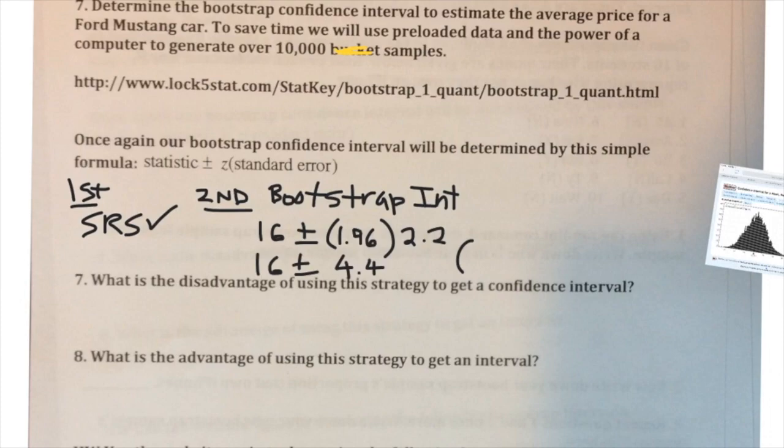So the average price for a Ford Mustang would be estimated somewhere between $11.6 thousand to $20,400.